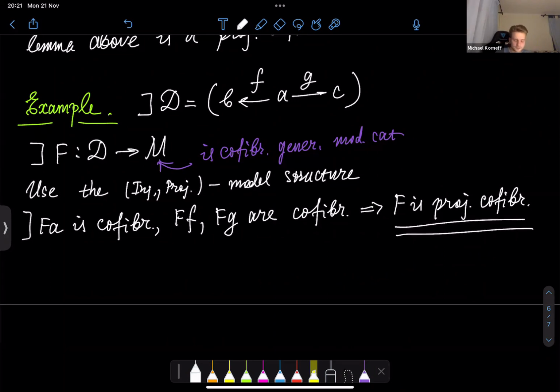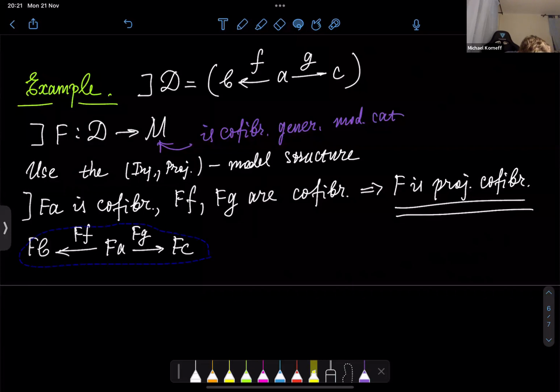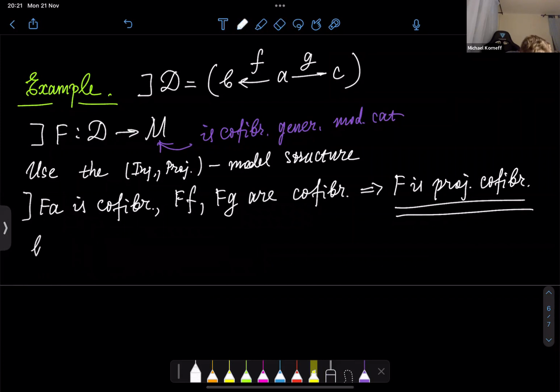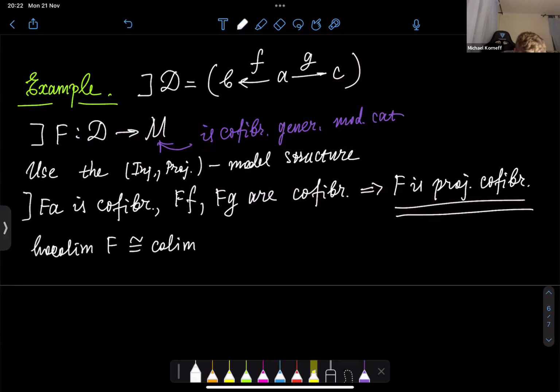And so for finding the homotopy colimit of the following diagram, we just take the colimit of this diagram. That is, the homotopy colimit of F is just the colimit of the diagram.